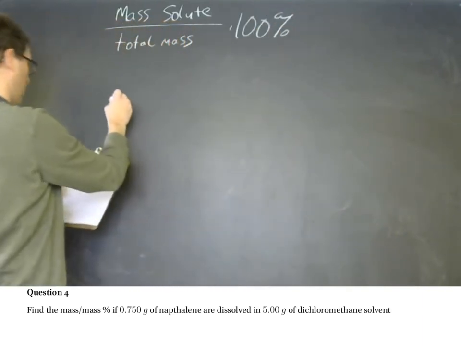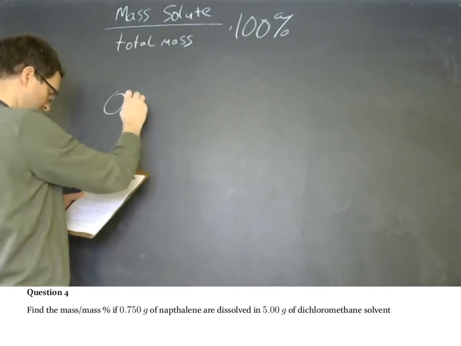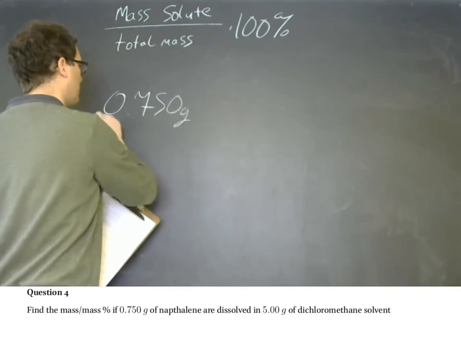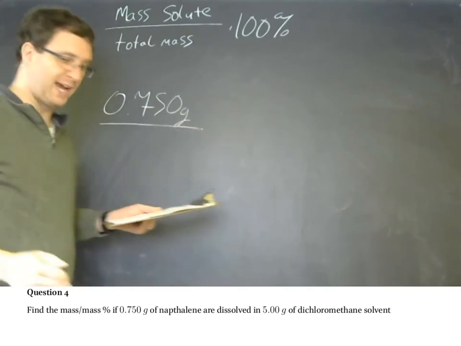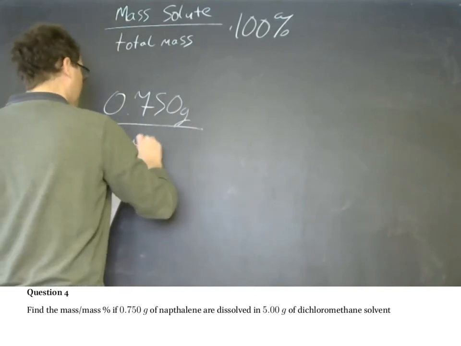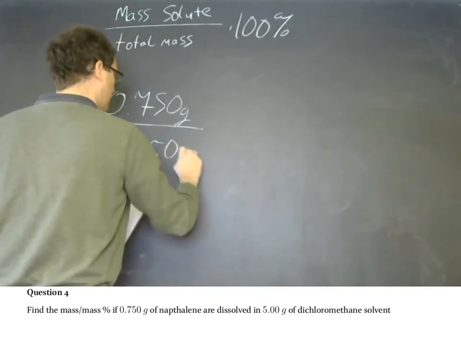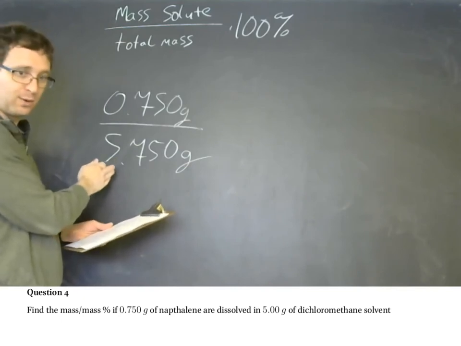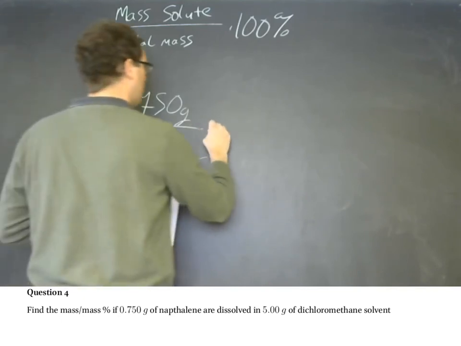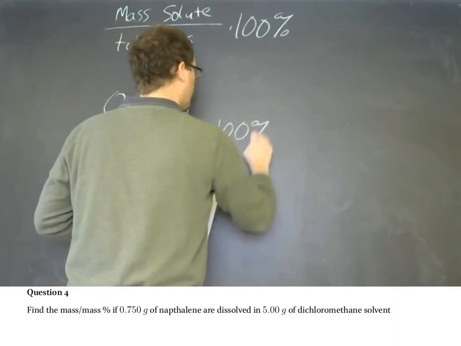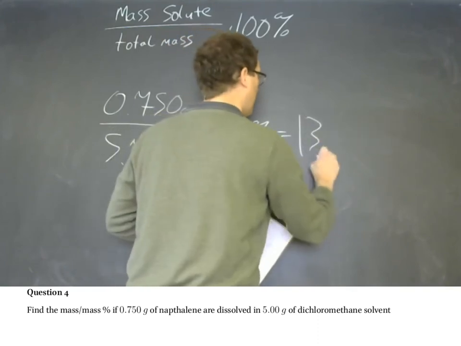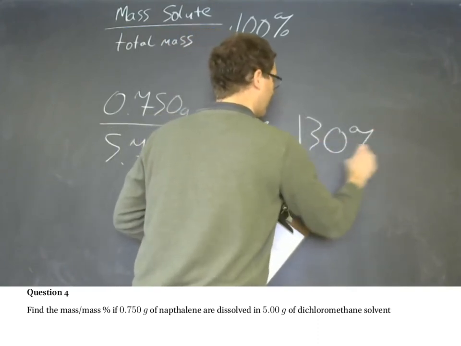So our mass of solute of naphthalene is 0.750 grams. And the total mass would be the dichloromethane plus the naphthalene, 5.750 grams. 5 grams of dichloromethane solvent and 0.75 grams of naphthalene solute times 100%, and that is equal to 13.0% with 3 sig figs.